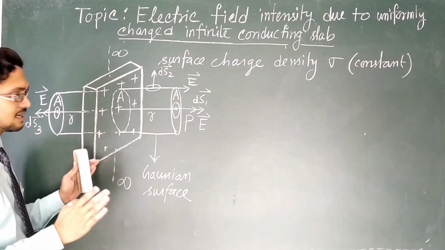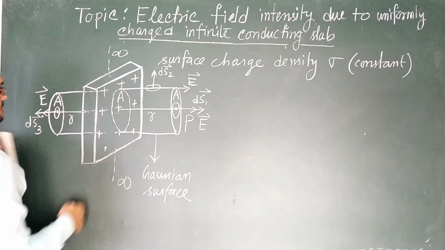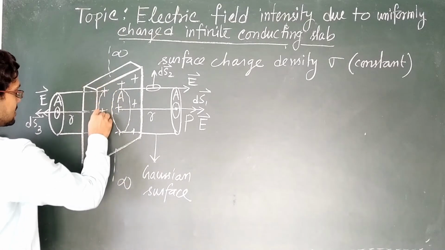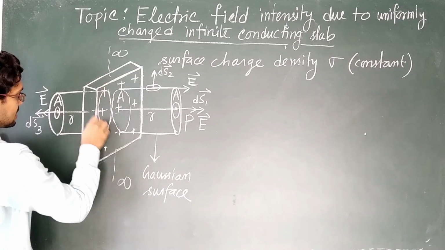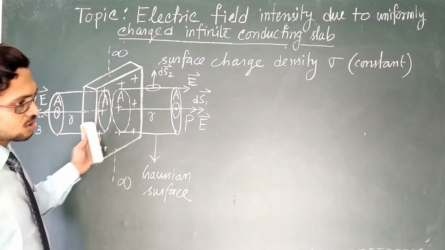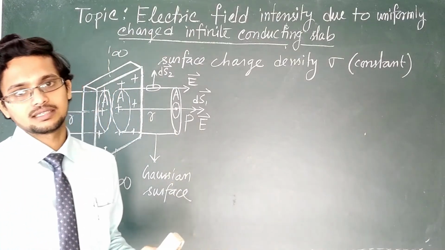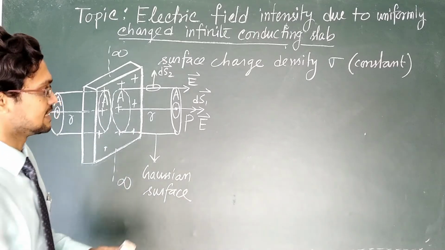Here charges are on two surfaces, this surface and the exactly opposite surface, so we get another flat area, that is also A. So here we get two surfaces inside, and the charges of these two surfaces we have to consider.